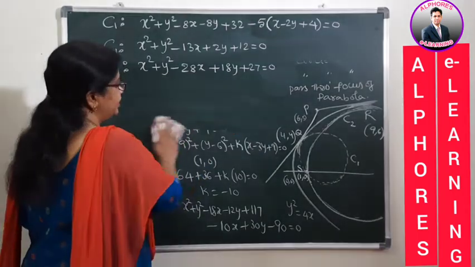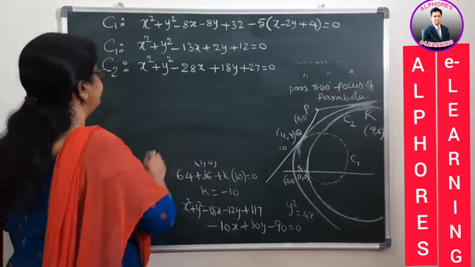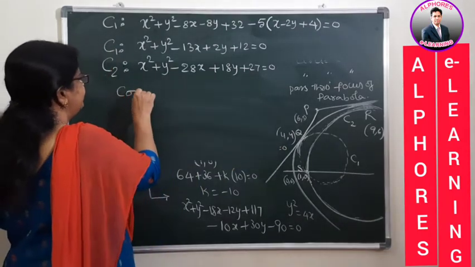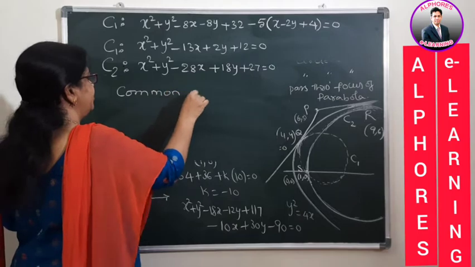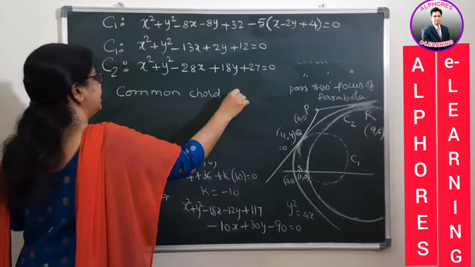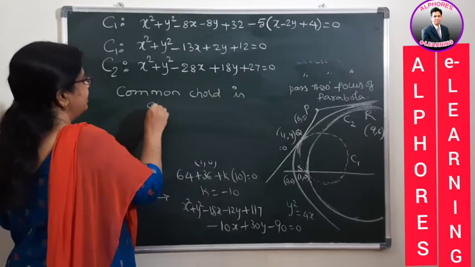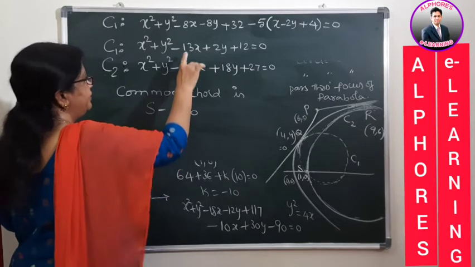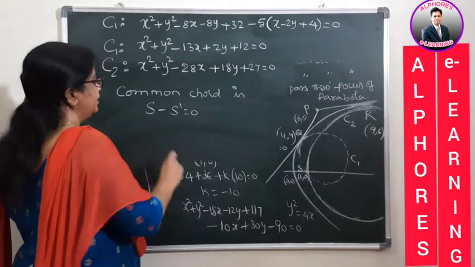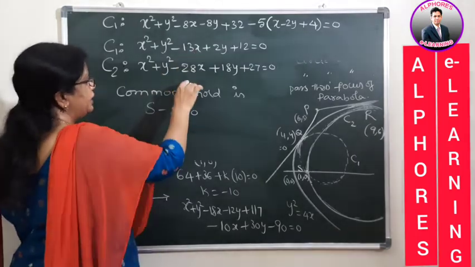Okay, so what is the common chord, students, now? The common chord of these two, that is C1 and C2, this equation, it is nothing but s minus s dash. Of course, first one if you take s, this is s dash. Then what is the equation? I am subtracting like this.